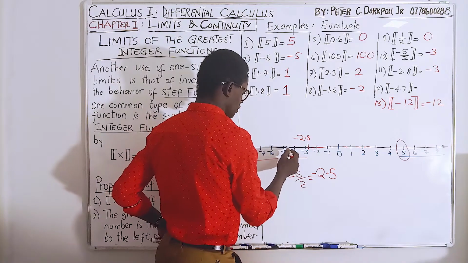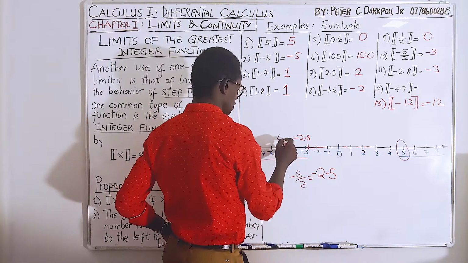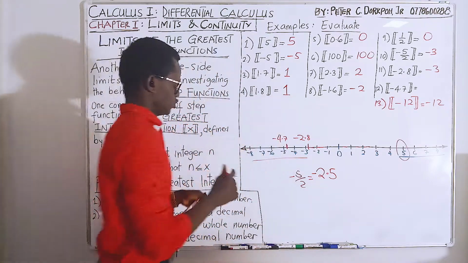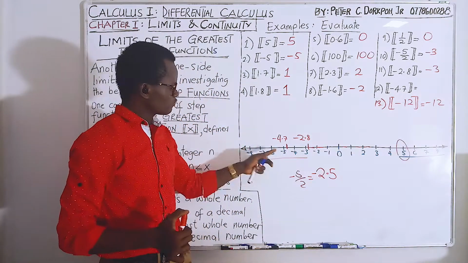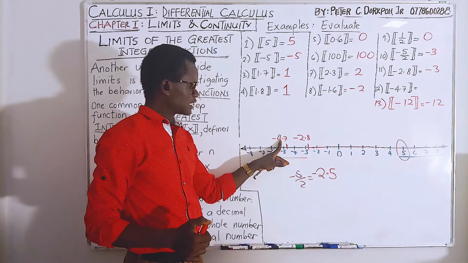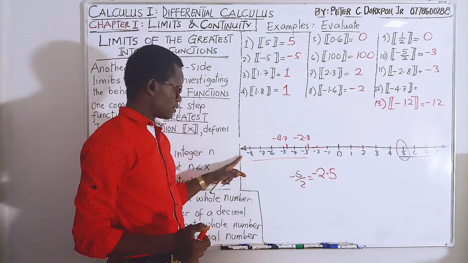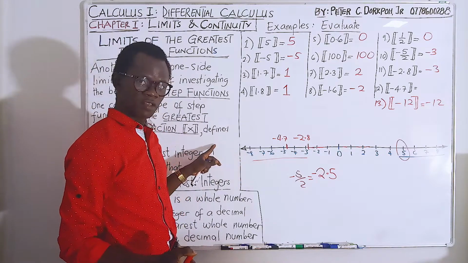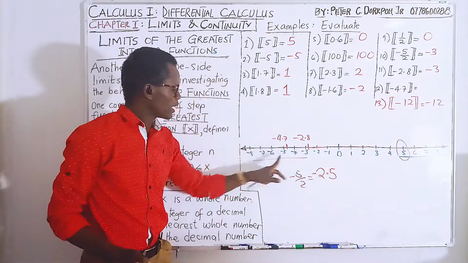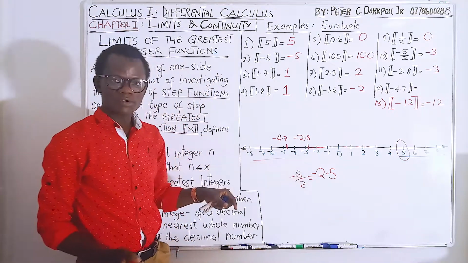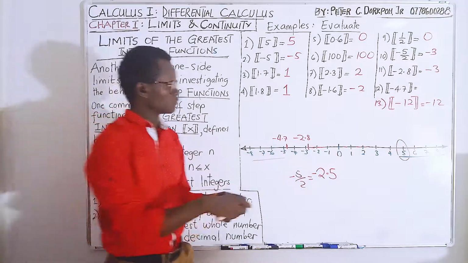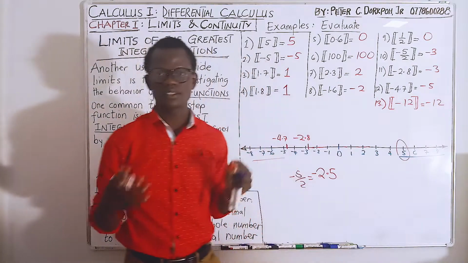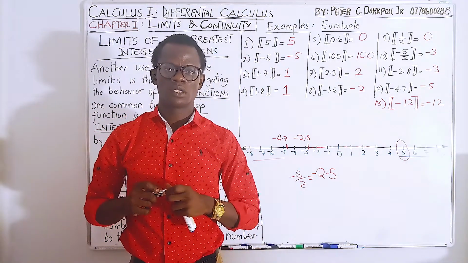Now this is 4. We consider this to be negative 4.7. So all of those integers that are less than negative 4.7 are in this direction: minus 5, minus 6, minus 7, minus 8, and so forth. So amongst all of them, the greatest of all is minus 5. So that's how we find greatest integers of numbers.